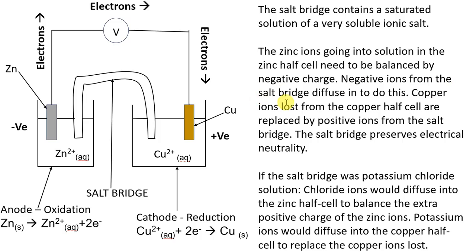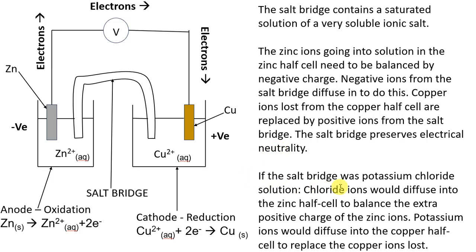Negative ions from the salt bridge diffuse in to do this. Copper ions lost from the copper half cell are replaced by positive ions from the salt bridge. The salt bridge preserves electrical neutrality. That last sentence really sums up the function of the salt bridge.